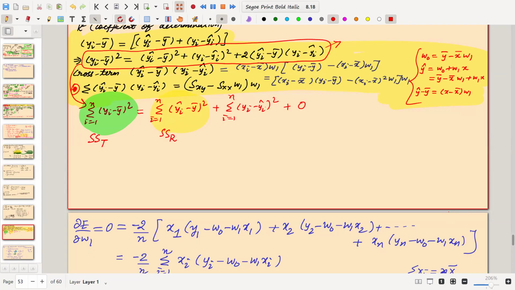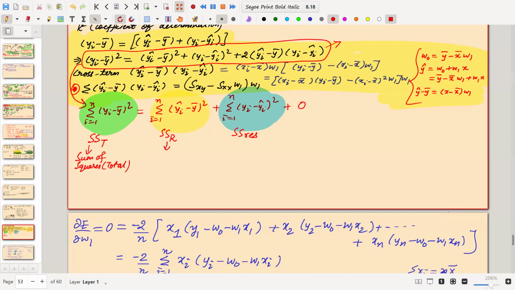Then let us go to the next term over here. This term which you are seeing is nothing but SSRS. What is SST? SST is the total sum of squares.